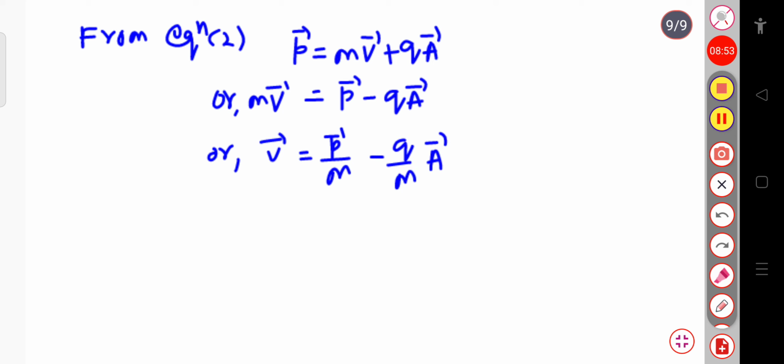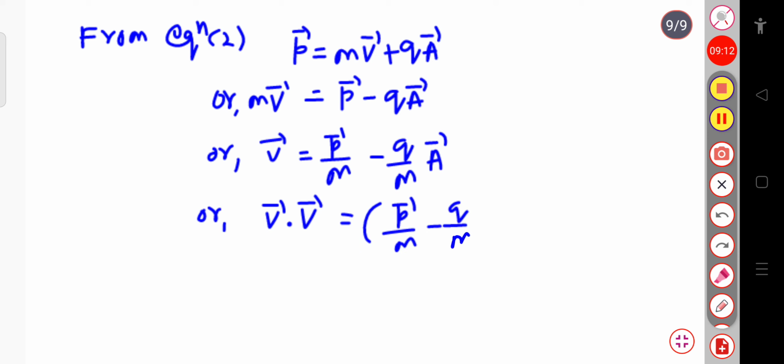Now if I write v dot v, that is v square, then simply I will multiply this: p by m minus q by m into a, dot p by m minus q by m into a.